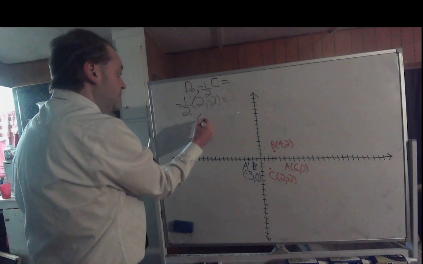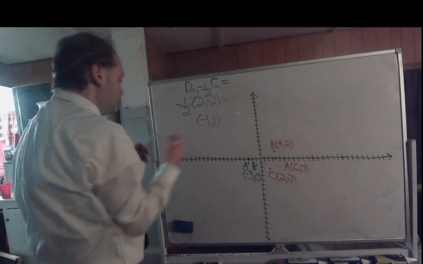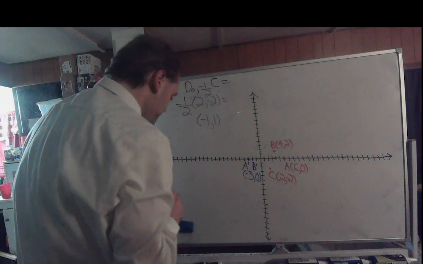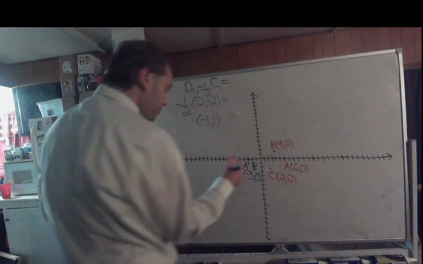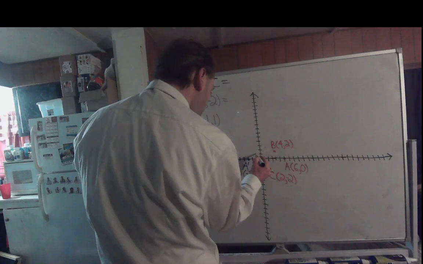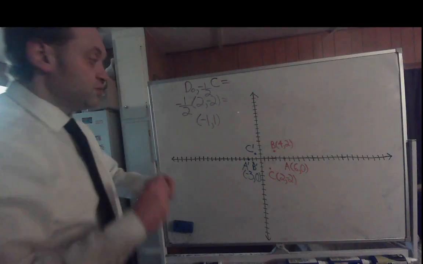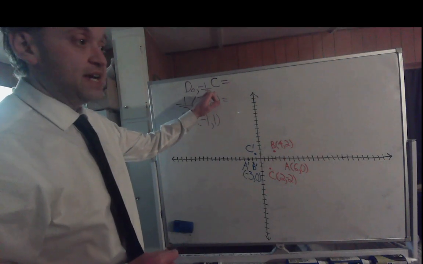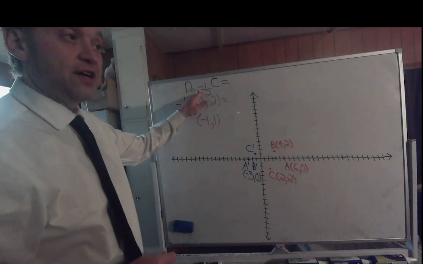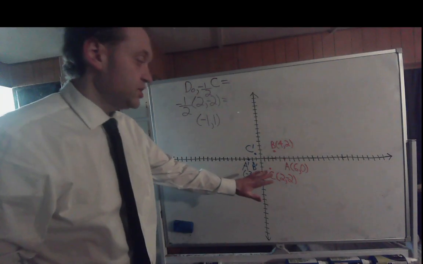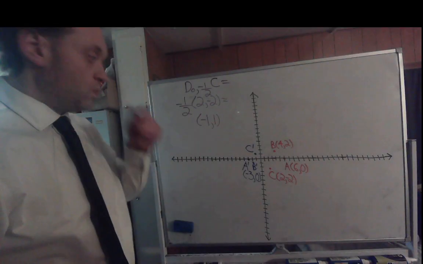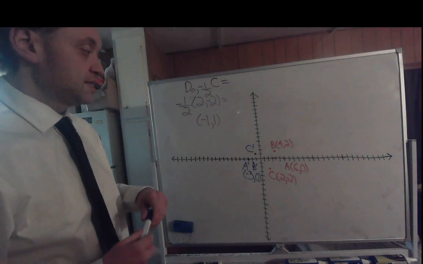Well, that would give me negative 1, positive 1. So C prime would be located at negative 1, 1, right here. So not only do I have a contraction, since the absolute value of the scale factor is less than 1, I have a reflection in the line y equals negative x.